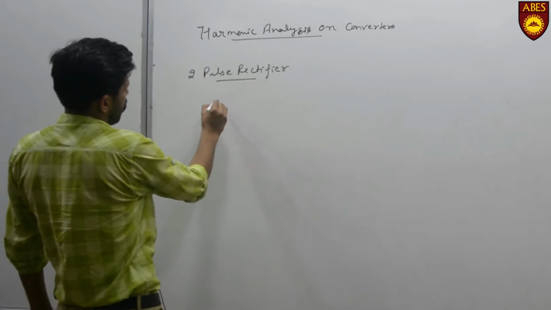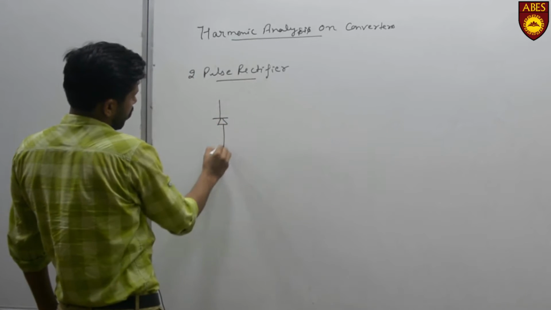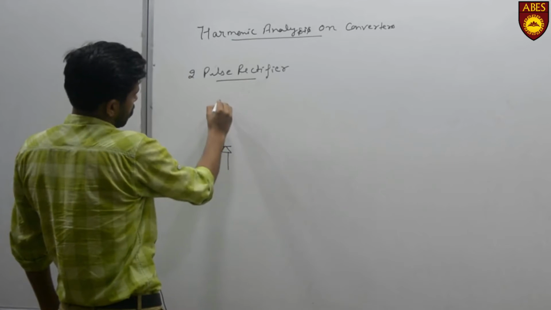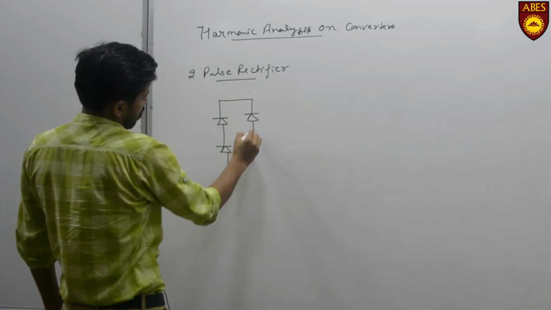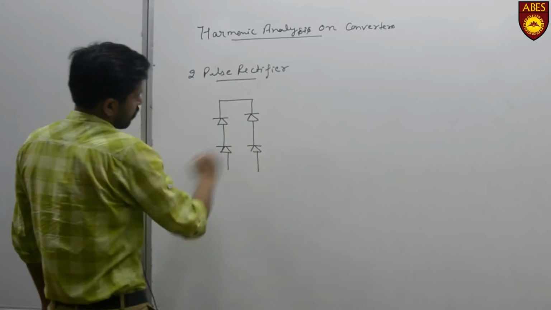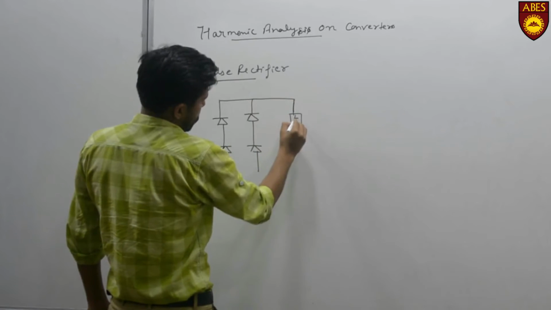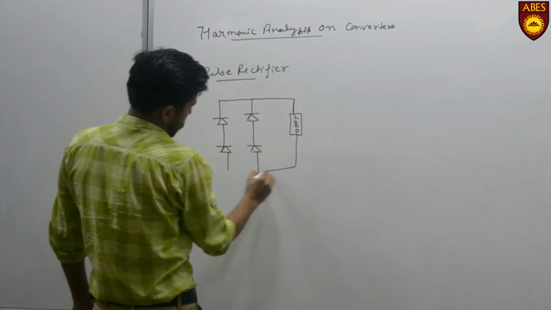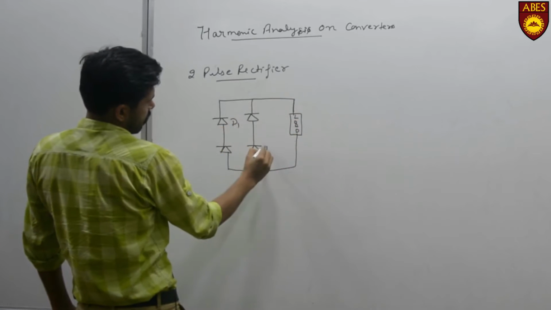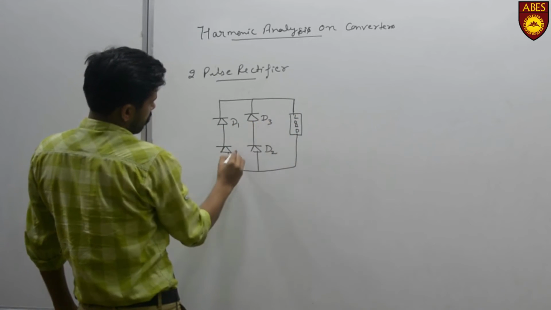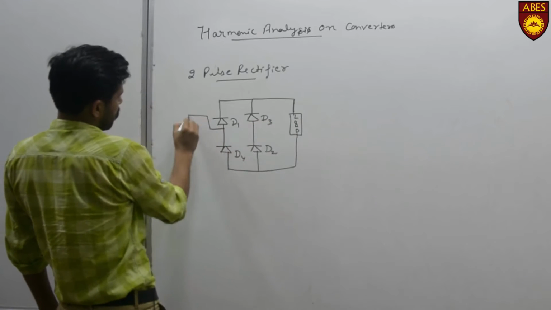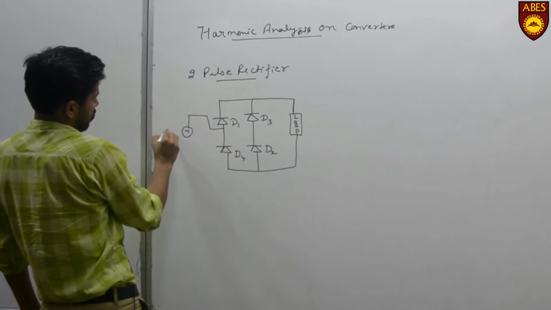Let us consider a 2-pulse bridge rectifier. This is our load, diodes D1, D2, D3, D4, and this is our AC supply.